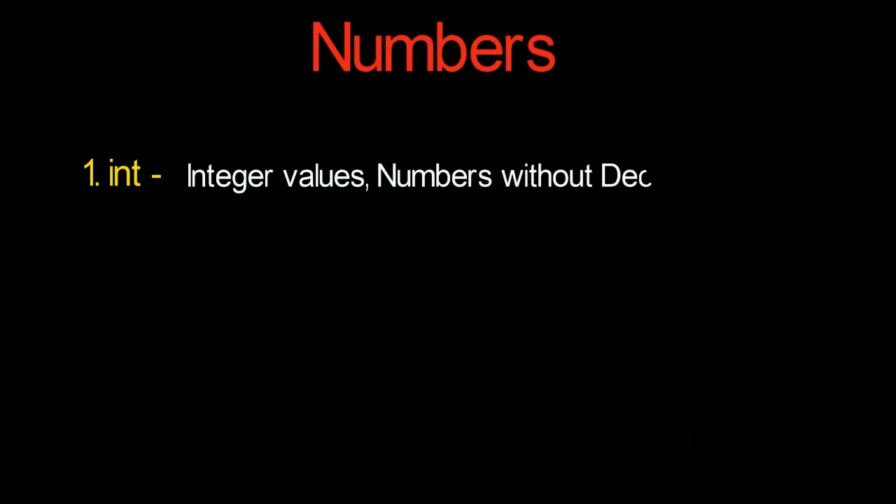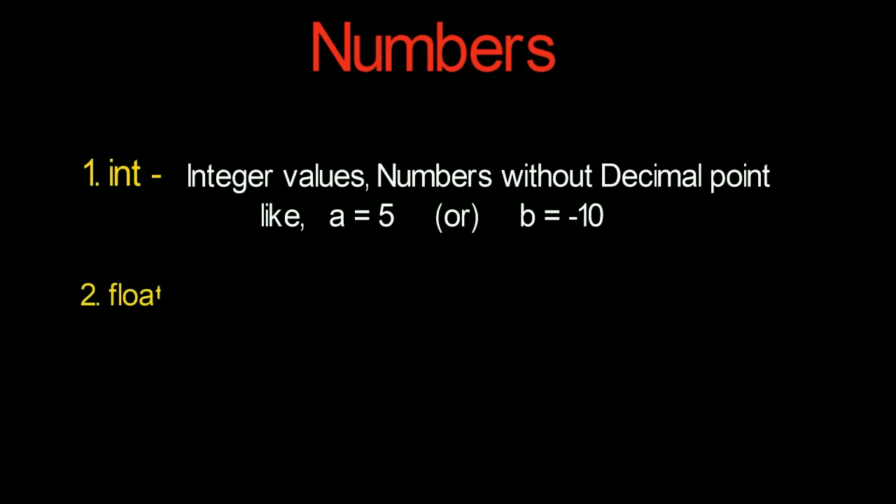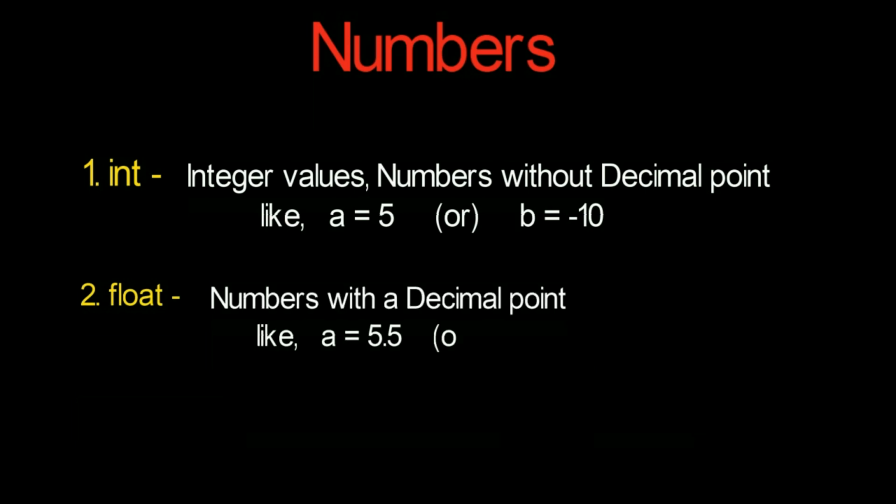There are 3 different types of numbers that are present in Python. First, int. These are the integers, numbers without any decimal point, like a is equal to 5 or b is equal to minus 10, and similar values. Second, float. These are the numbers with the decimal point present in them, like a is equal to 5.5, b is equal to minus 9.8, and so on.